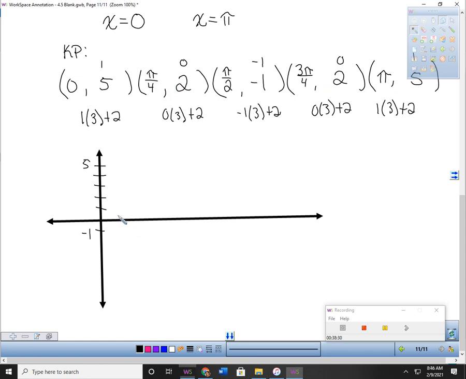So this would be 1 pi over 4, 2 pi over 4, which is my pi over 2, 3 pi over 4, and 4 pi over 4, which is my pi. And then I plot these points. So 0, 5, pi over 4, 2, pi over 2, negative 1, 3 pi over 4, 2, and then pi, 5. And then I draw this in.